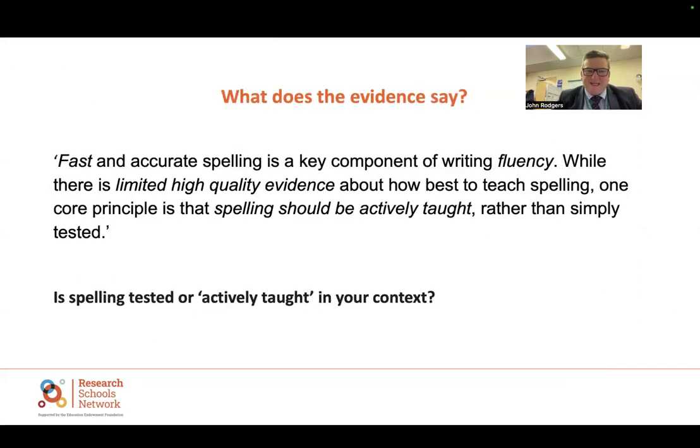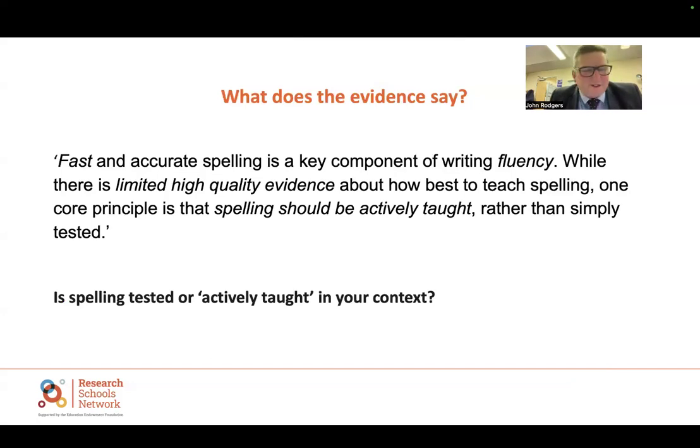A key component, as it says here, of writing is fluency. There's limited high quality evidence about how best to teach spelling. One thing we do know is that spelling tests aren't particularly effective, but actively teaching spelling is at least promising.